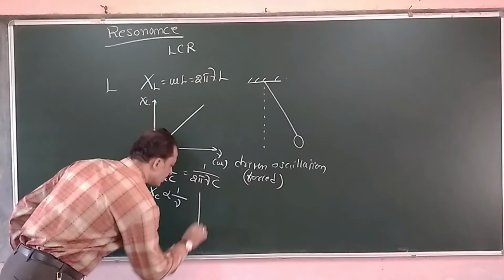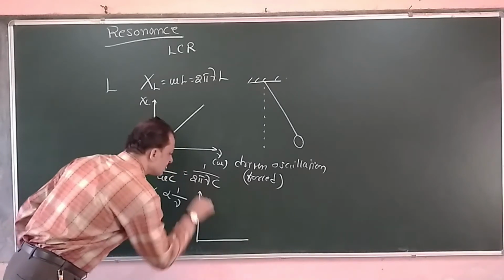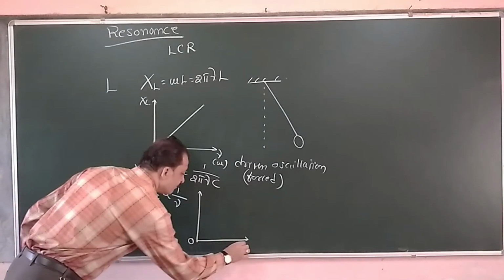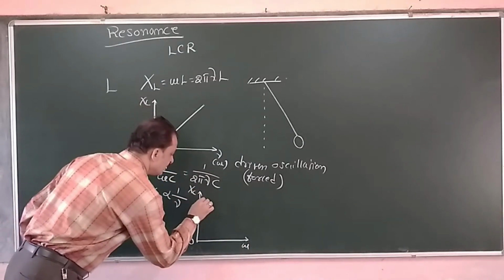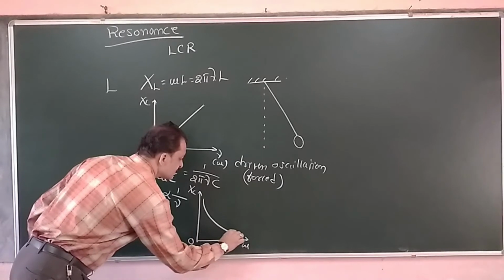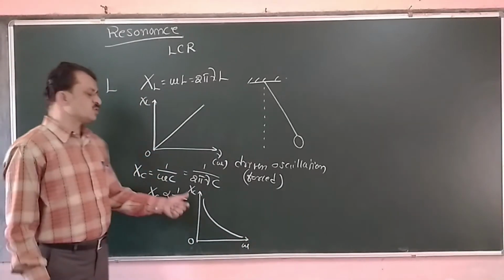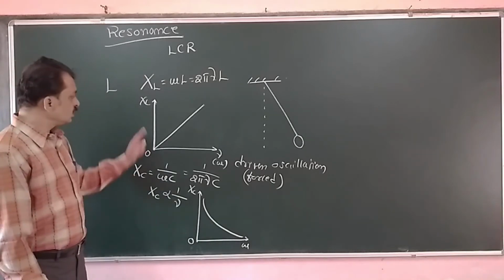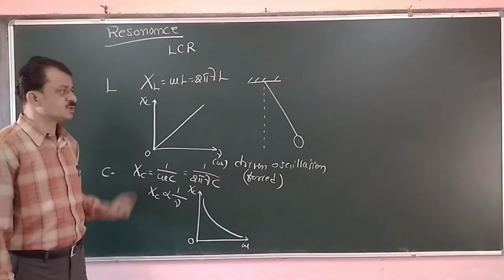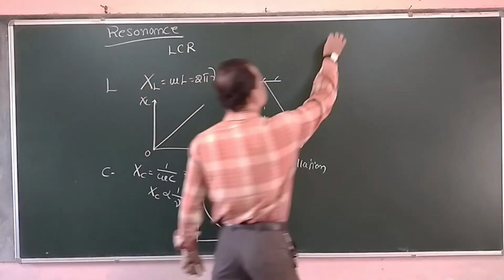Therefore we have a curve like this, which we have also studied, and this one is Xc. It goes on decreasing as the frequency increases. Now remember these two curves, as they will be used later.